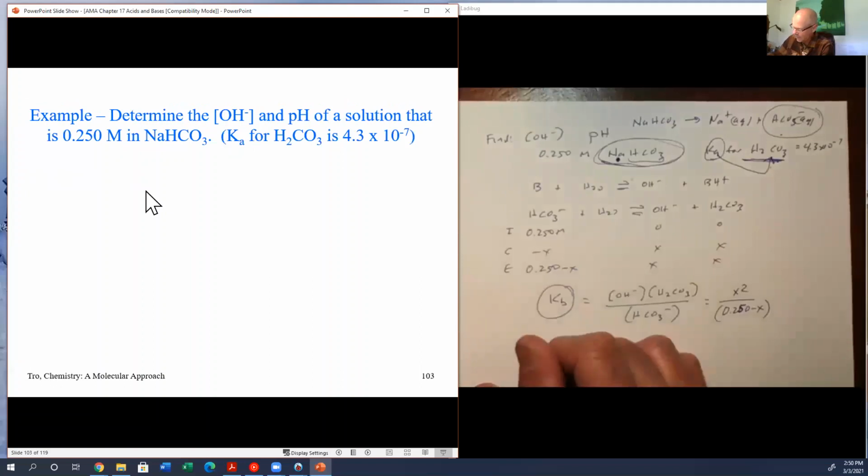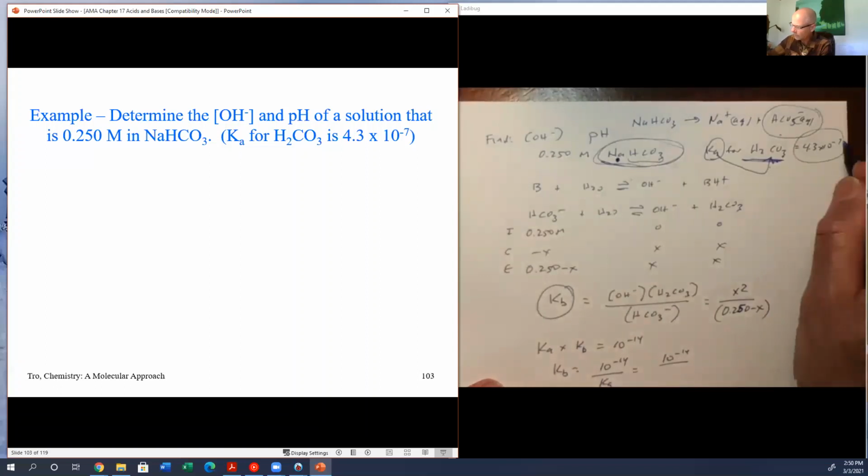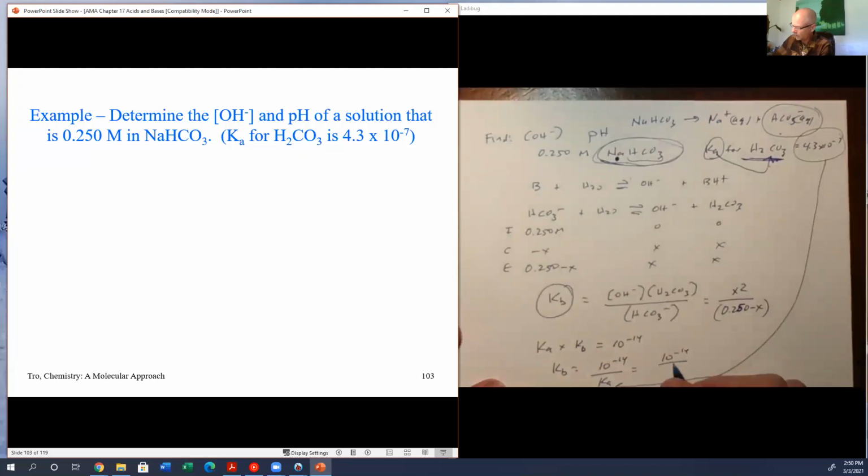So Ka times Kb is equal to 10 to the minus 14. Kb is equal to 10 to the minus 14 divided by Ka, which is 10 to the minus 14 divided by, there's Ka, 4.3 times 10 to the minus 7.